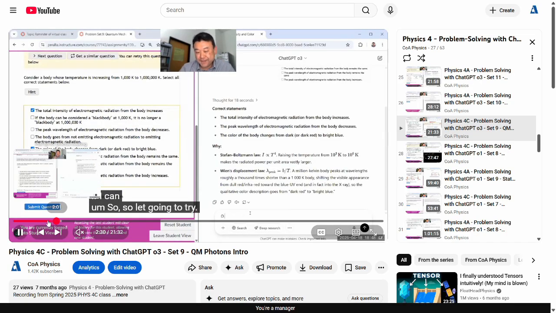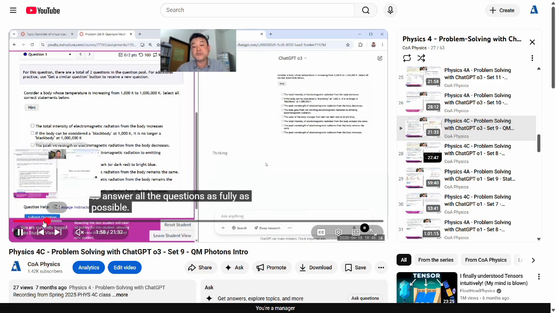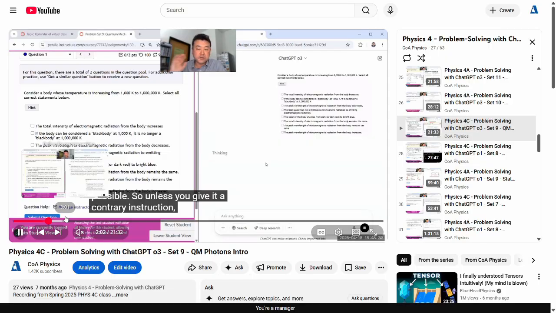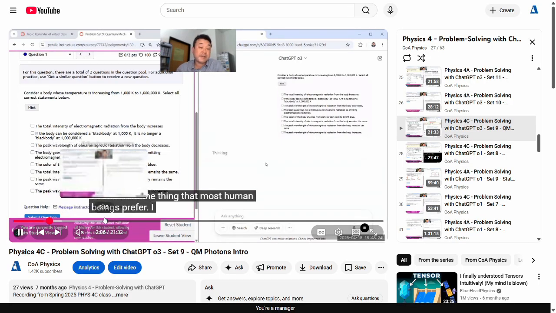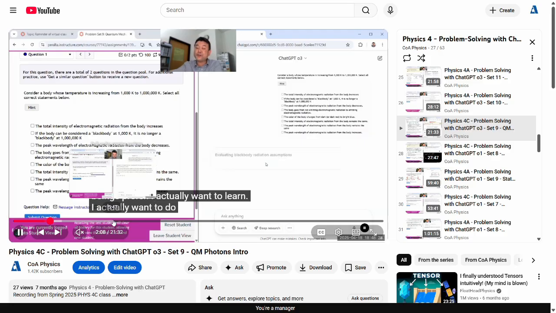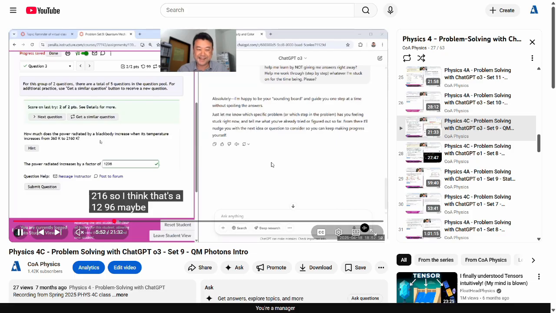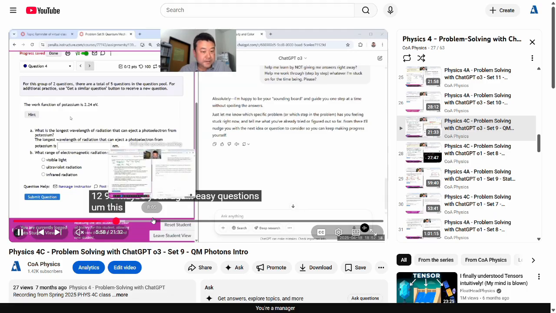Just basically ask it a question and it'll just answer it, because unless you tell it that you are trying to learn, it's a people pleaser, so it'll default to just answering. And if you want to learn from generative AI, you have to tell it: help me understand, help me learn, explain things, don't give me the answers right away.